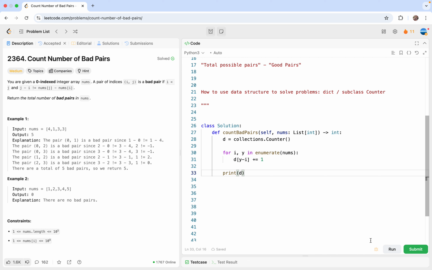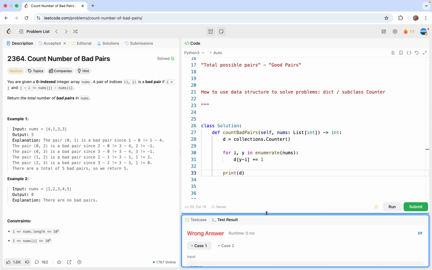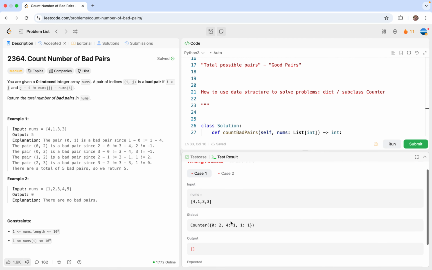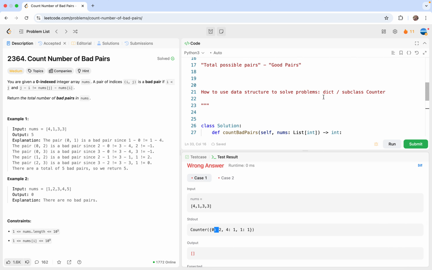You can print out d. For example, for the first example, for 4 you get just 1, for 1 you get just 1, and for 0 you get a 2. The pair computation will be this, because in example 1 the length is 4.